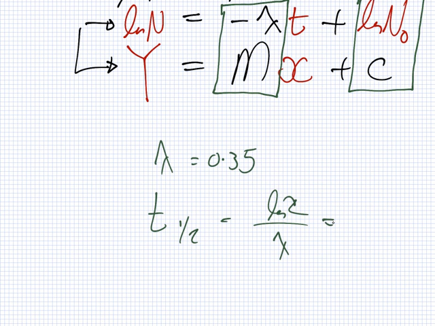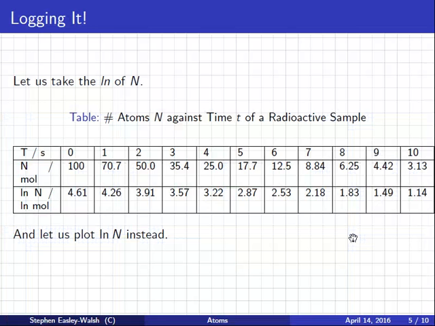Can we hit this in? We get about 1.98. Now, let's go back to the table. So I'm saying after 2 seconds we have half the amount. True or false? True. So it works.